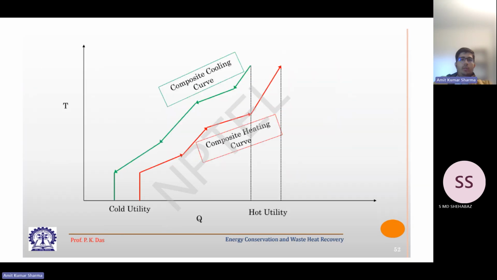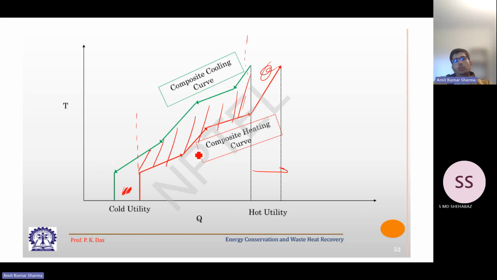So we can draw a composite curve. We can draw all temperature exchange lines in a single network TQ diagram. Okay, you can see we can exchange the heat in this region. But for this region we require hot and cold utilities.